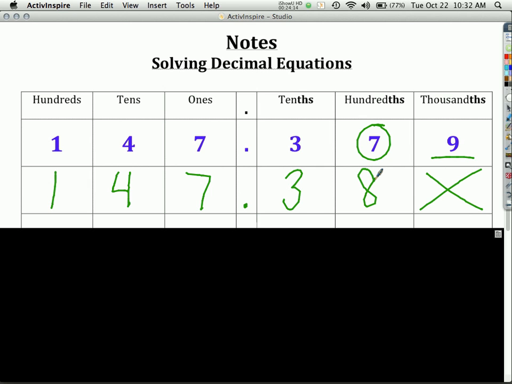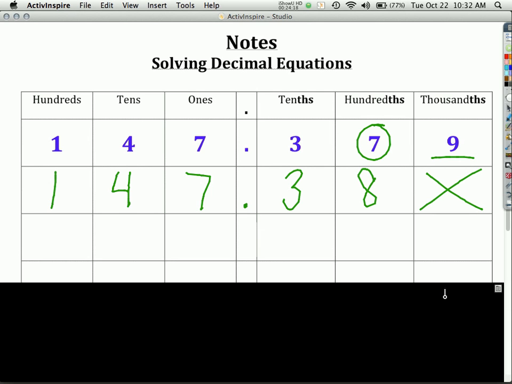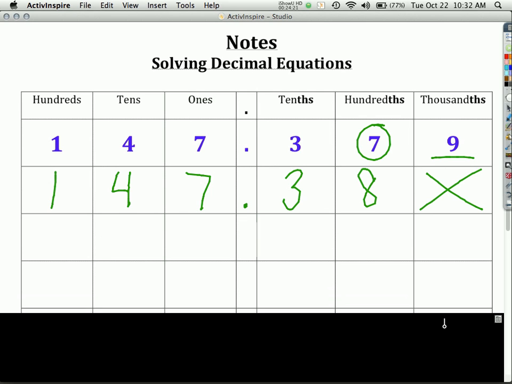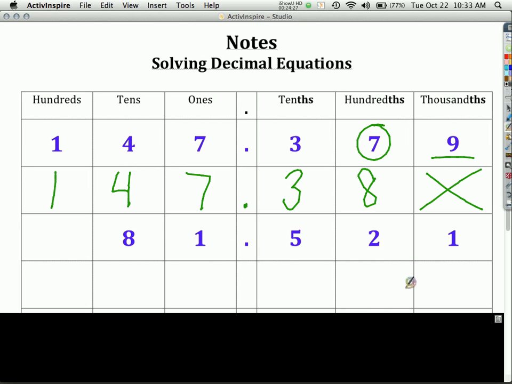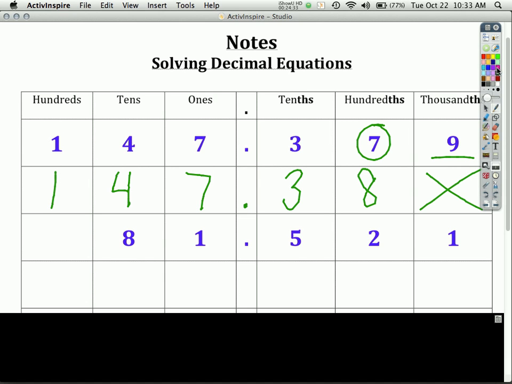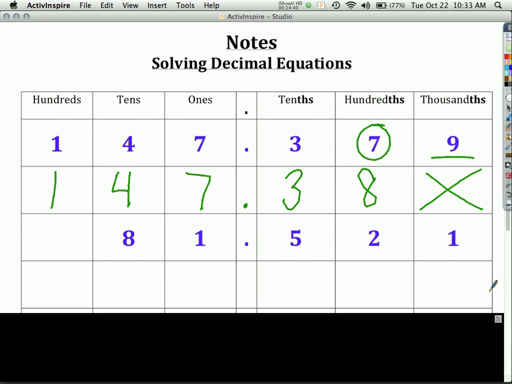Does anyone have any questions on how we did that? So let's round to a different place. Now we've got the number 81 and 521 thousandths. And this time I'd like to round to the nearest tenth.